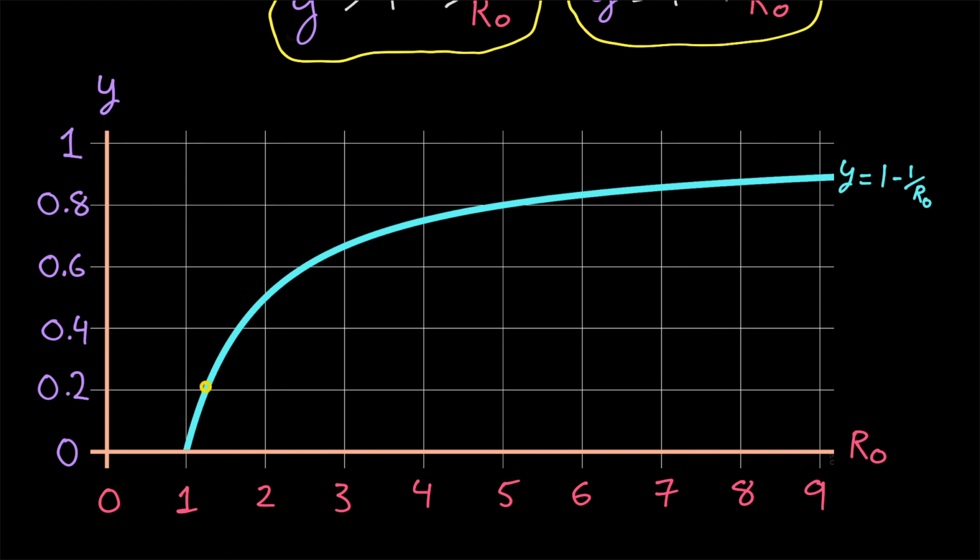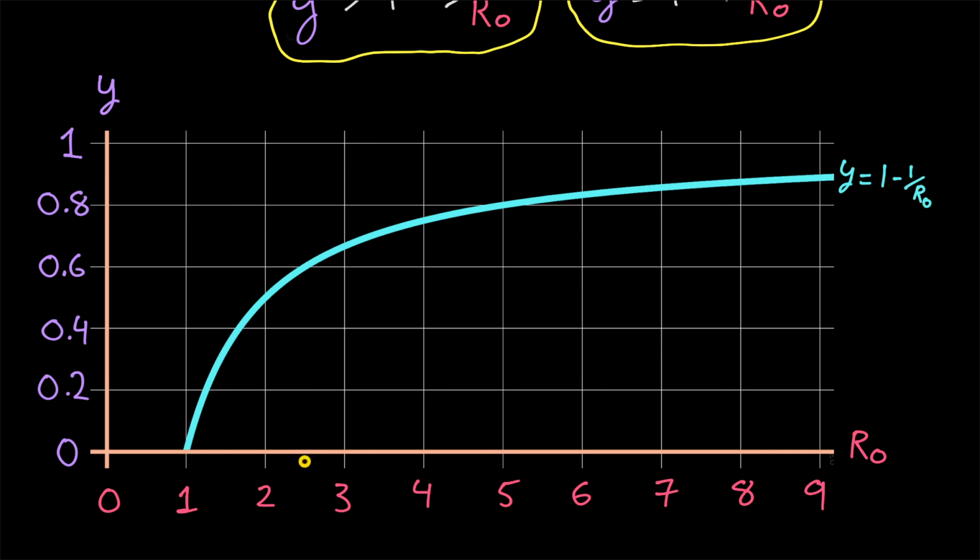R naught is now 1.25. And if R naught was 1.25, then we would just need a little bit over 20% of the population immune in order to rid ourselves of COVID-19, if we can continue to convince people to wear masks. So that is a huge difference.